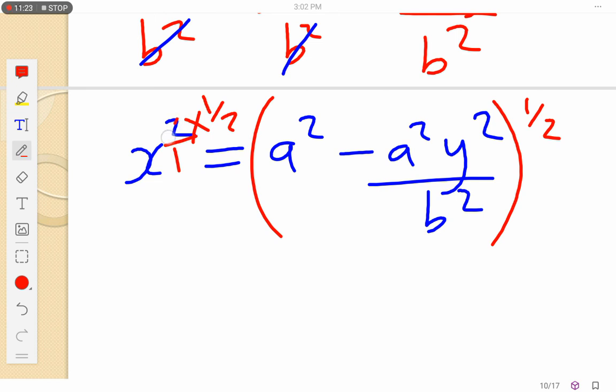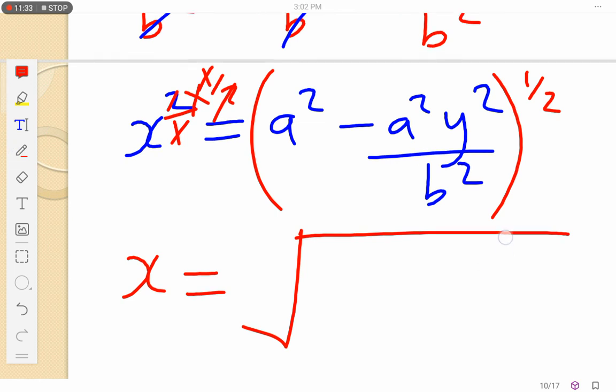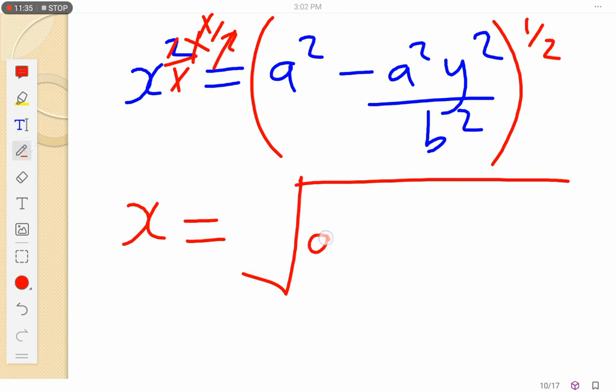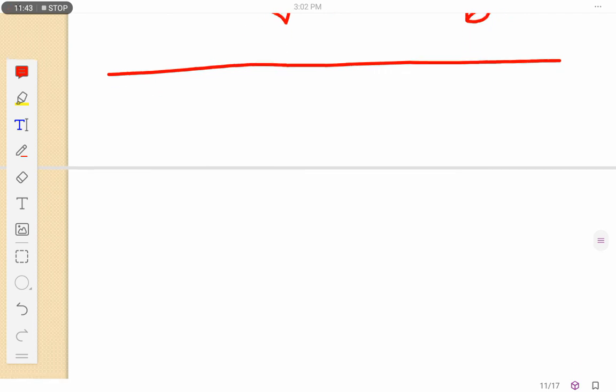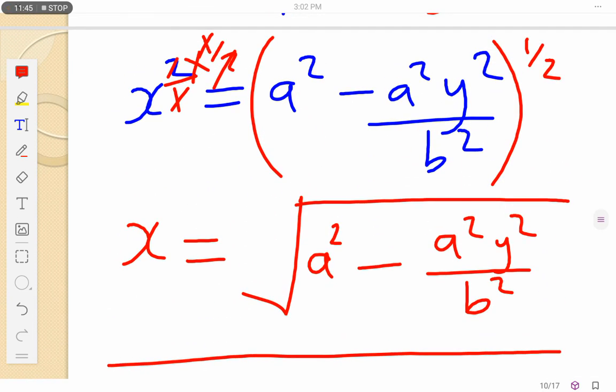So on this side, the 2's will cancel off each other, the 1's will cancel off each other. Our x becomes equal to, when it's to the power of half, we said it's the same as square root. So we have square root of a squared minus a squared y squared over b squared, like this. This is the final answer, guys. I think this is the last question. Yes, that's the last question.